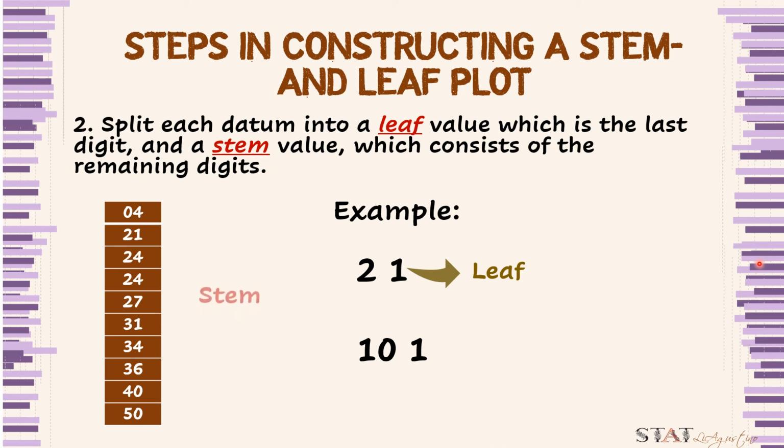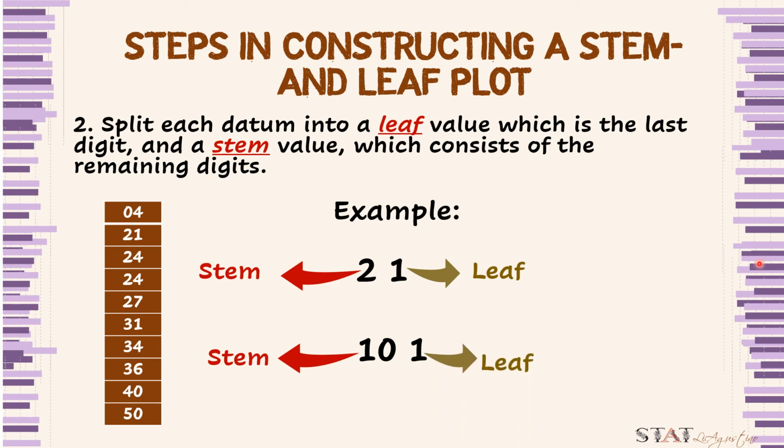So 1 is the leaf and 2 is the stem. So the stem, and then 10, and then 1 here is the leaf. So the last digit is the leaf and the remaining digits are the stem.